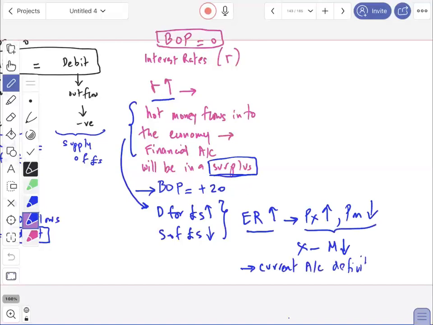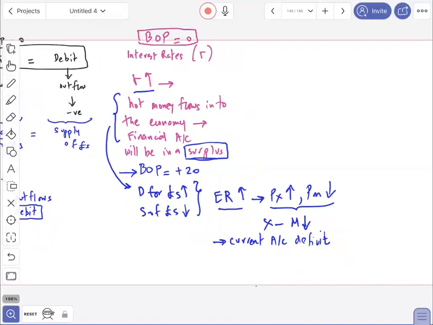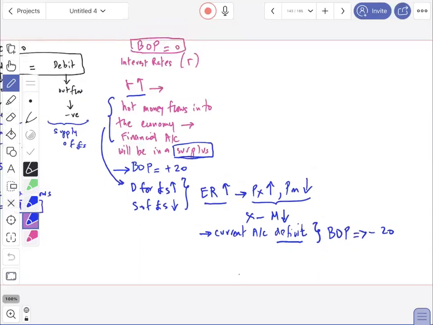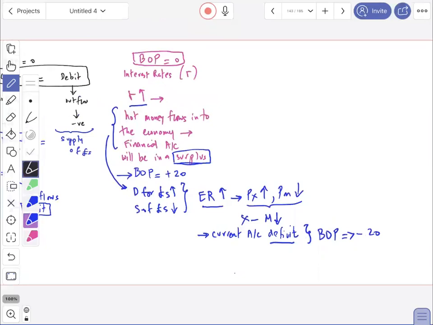And that in turn means you have a plus 20 there, and the balance of payment becomes, let's say, minus 20, which means the current account deficit is matching the financial account surplus, causing the balance of payment, BOP, to balance. So there is an automatic balancing happening here.